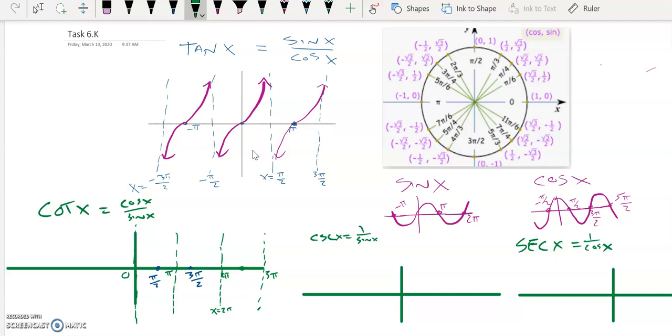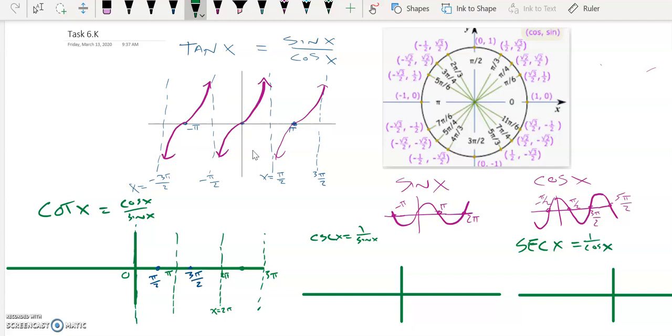Now, how does the graph look? Does it look like this tan graph, or does it look any different? Let's do a small investigation here. When sine x is really, really small, when the denominator is really small, and the cosine is getting closer and closer to 1 or something, then this becomes a large number.